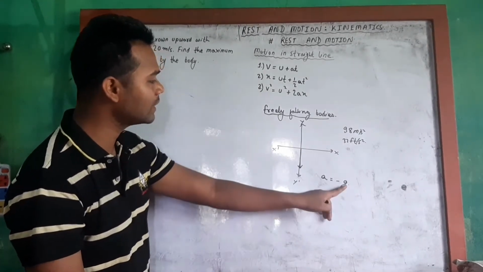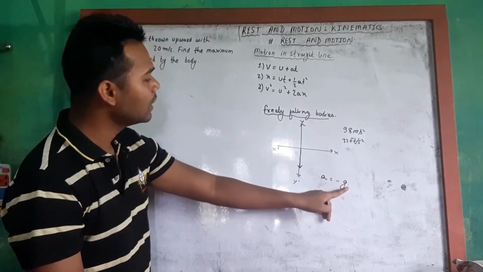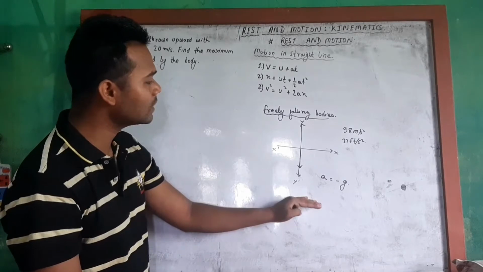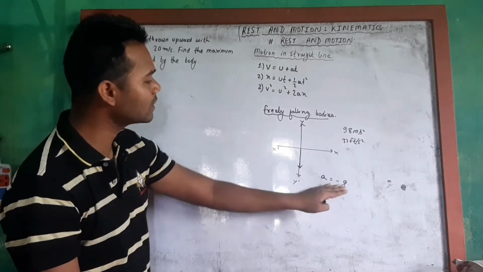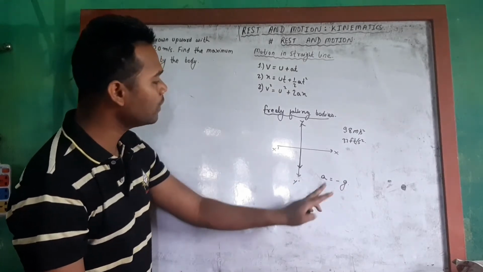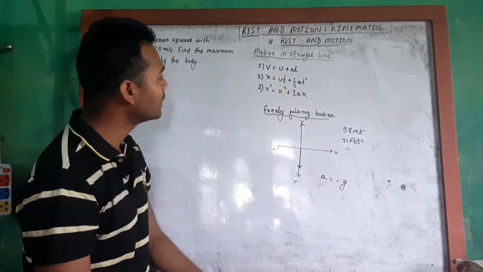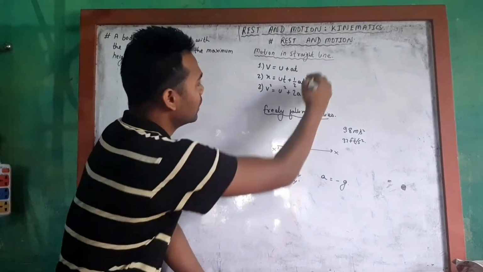So if we take directly downward as the negative y-axis, then for freely falling bodies the acceleration will be minus g. And if we substitute this acceleration as minus g in these equations, then we will get the equations for freely falling bodies.